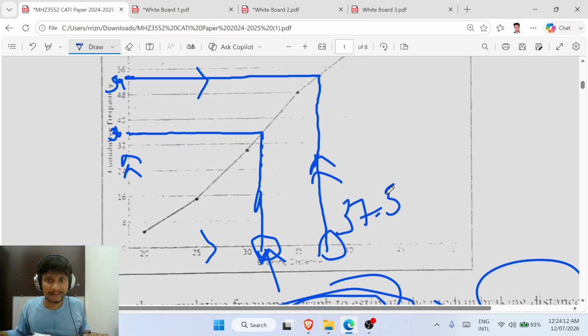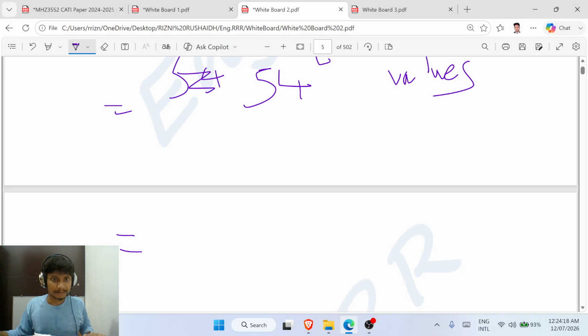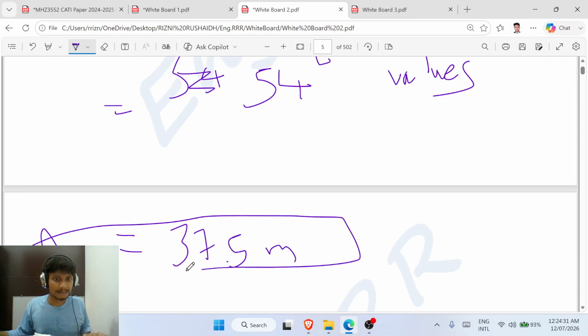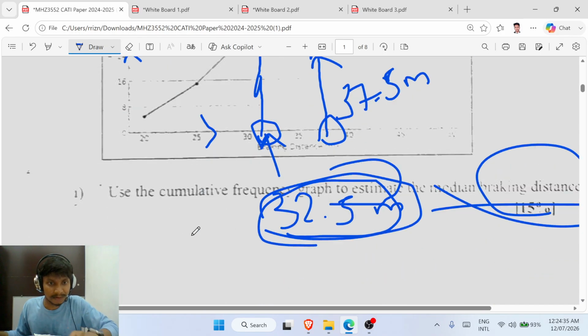Therefore Q3 is equal to the 54th value, which is 37.5 meter.